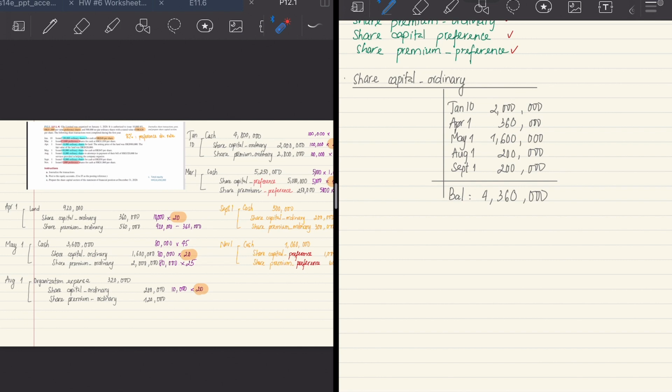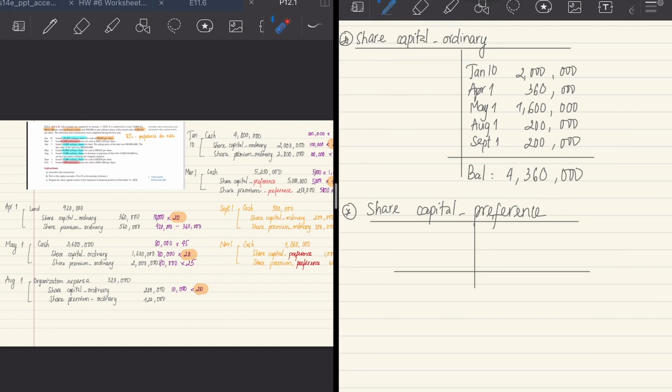Let's do the second one. Bring it here, mark here, share capital preference. We also do the same thing. We find here, first is March.